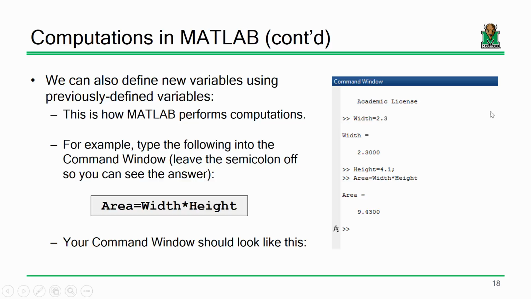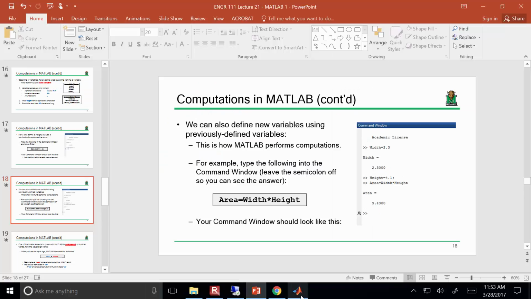So since we suppressed the echo, then it didn't respond with the height. I'm not sure what it would do if you suppress the echo after defining area. I wonder if it would just create a new variable.